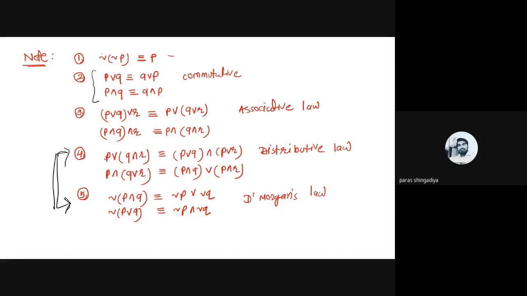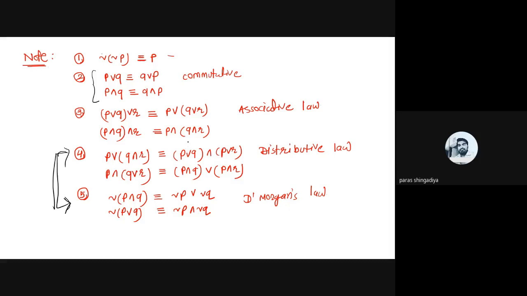So the distributive law is here. P or (Q and R), that is the sum of the product, P or, and Q and R is the product, so it is a sum of products. That is equivalent to (P or Q) and (P or R). And what is the meaning of that? It is a product of elementary sums.